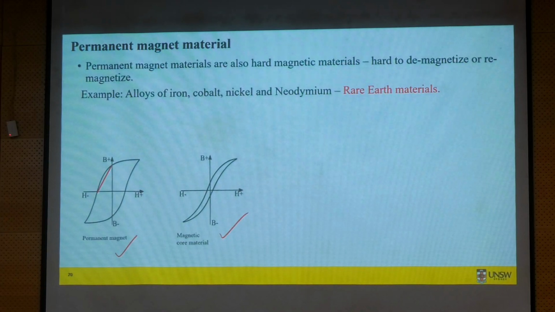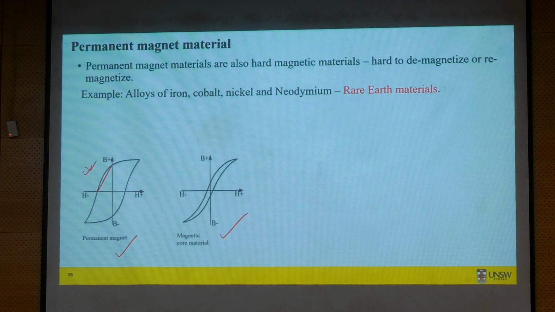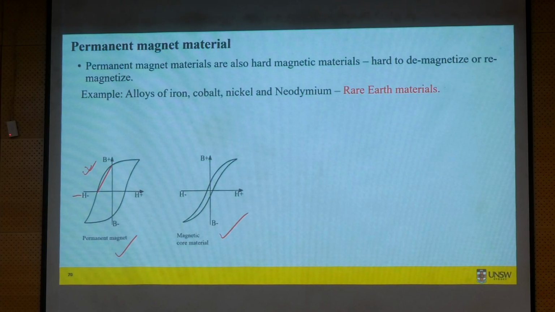And the magnets are very difficult to demagnetize, right? So demagnetization happens in this quadrant of the BH characteristic. If you apply a negative H field, B starts to reduce, right?